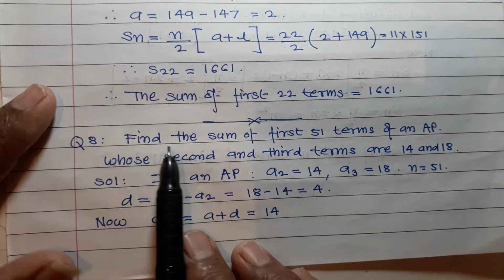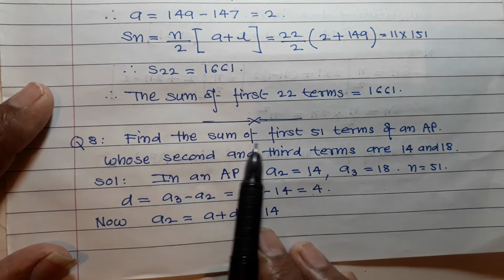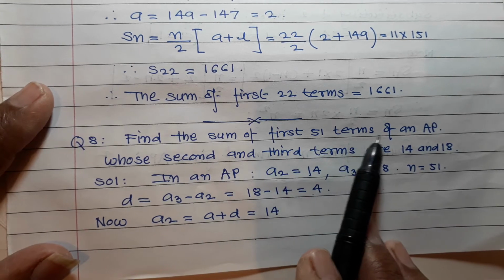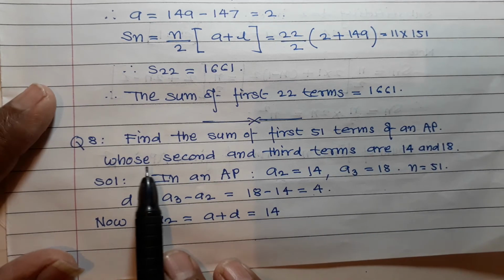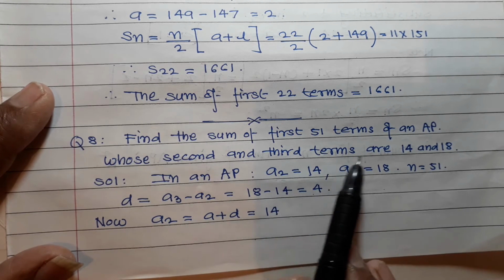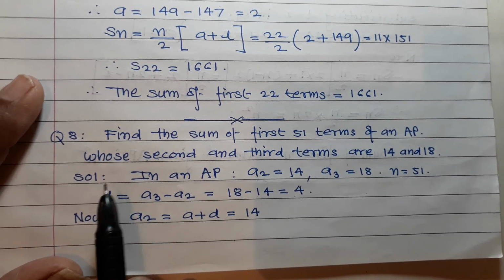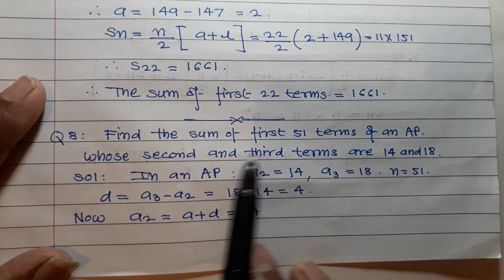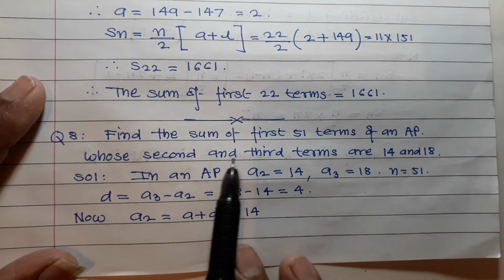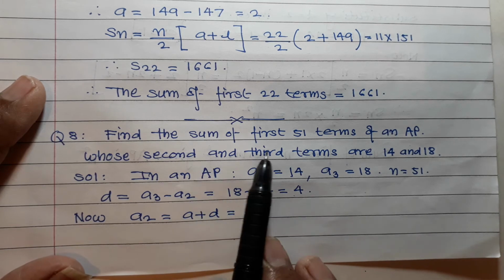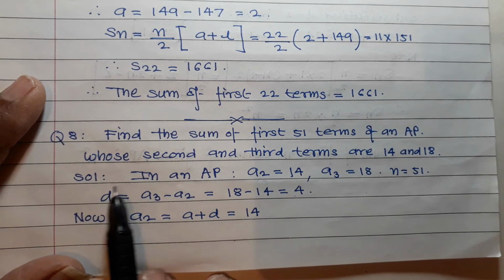Question number 8. Find the sum of first 51 terms of an AP whose second and third terms are 14 and 18. So here two terms are given. By means of these two terms, you find a and d. Solution.